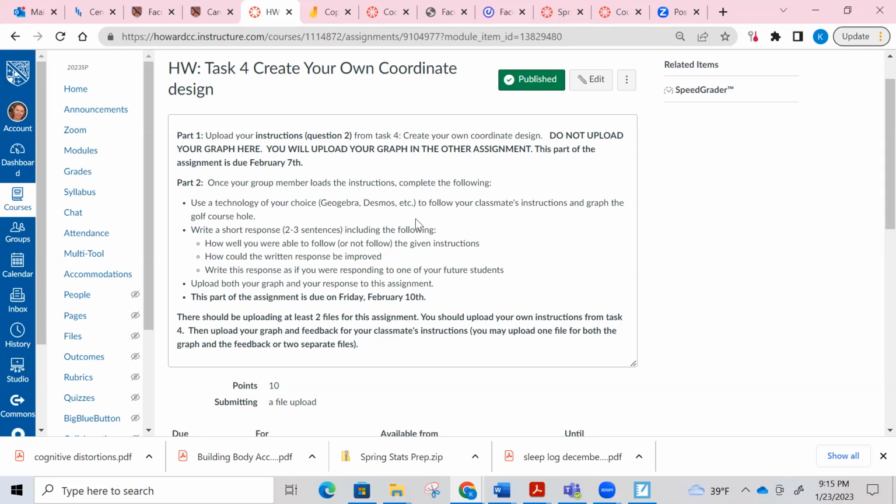So you should be uploading at least 2 files for this assignment. I'm assuming it's going to be 3: 1 for your own instructions, and then 1 for the graph of your classmates' hole, and then 1 for the response on how it went, graphing it.